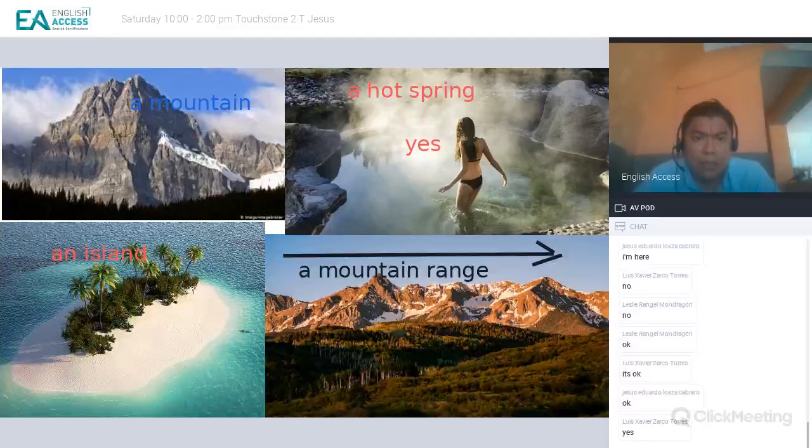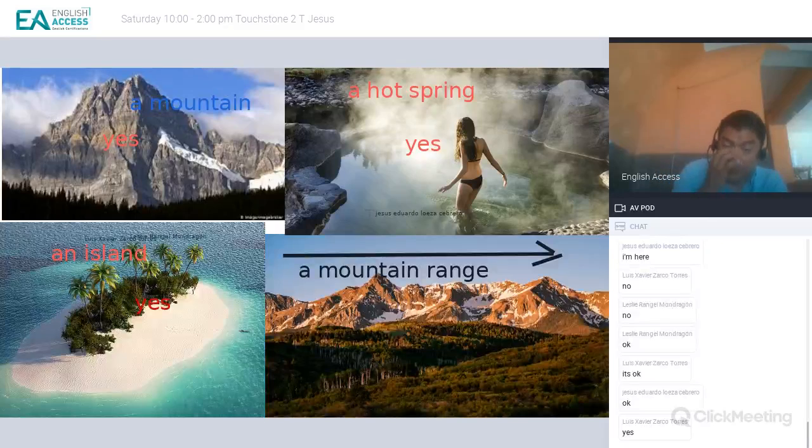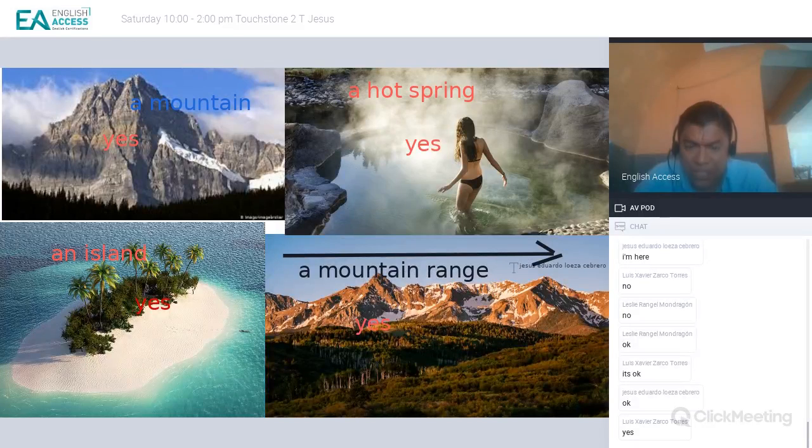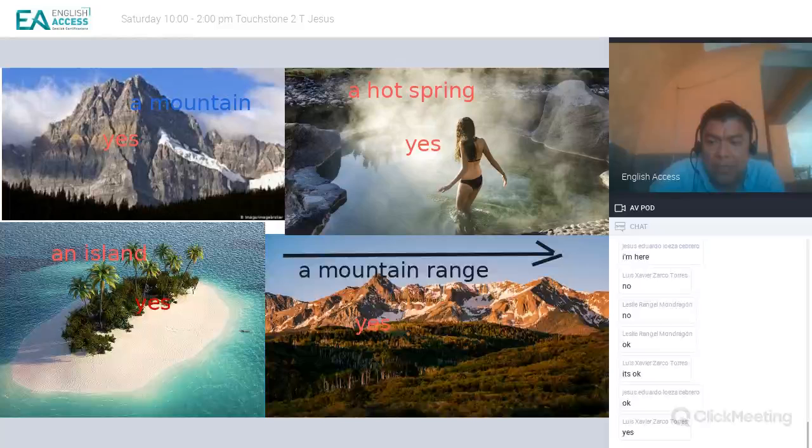What about islands? Yes, we do have islands. Mountains, yes. And mountain range? Do we have a mountain range? A group of mountains? Yes, we do. There you go.